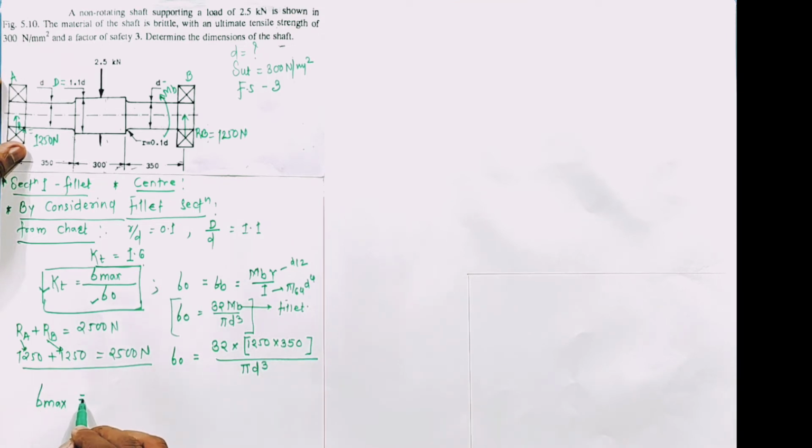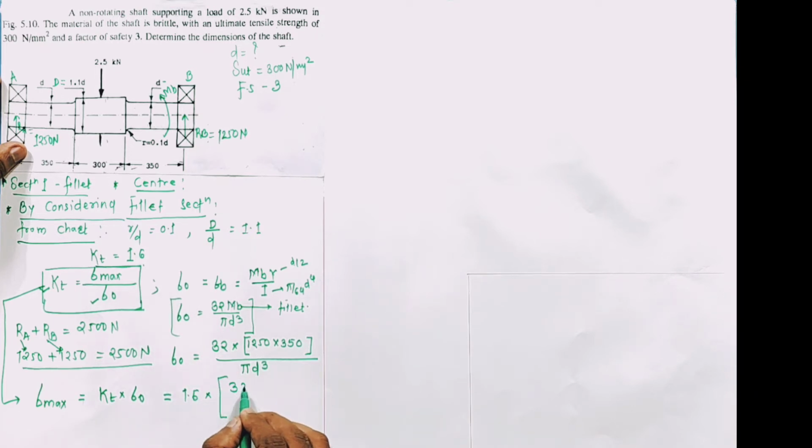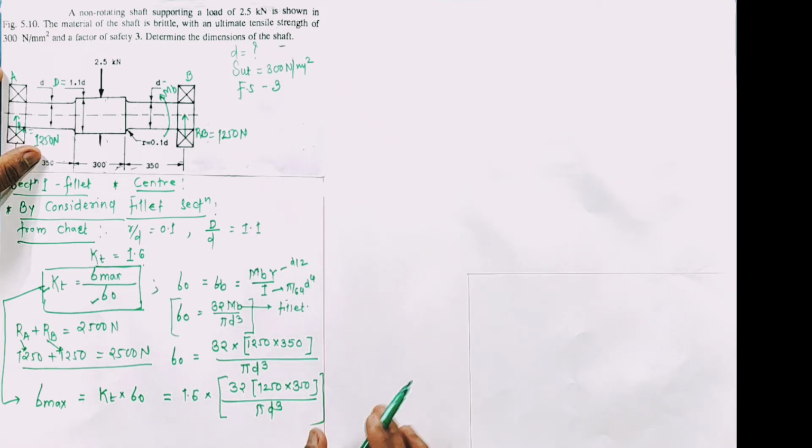So I'll write sigma max is equal to, from this equation, Kt into sigma O. Kt is 1.6. Sigma O, that is nominal, 32 MB by pi d cube. Correct? So likewise, whatever the maximum stress I got will be in terms of d cube.